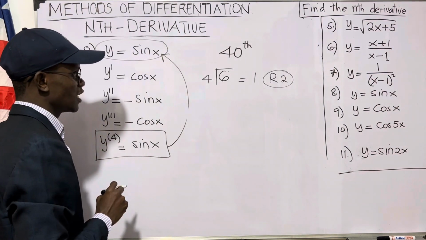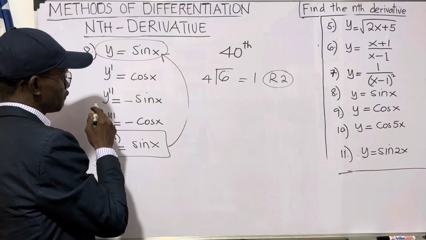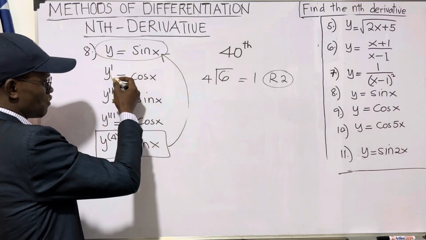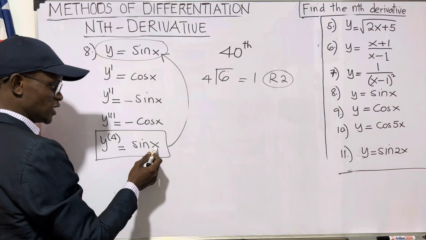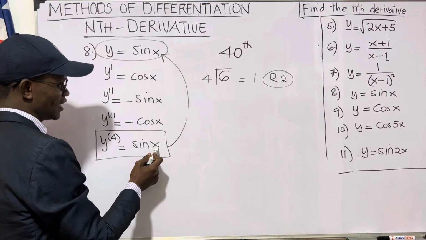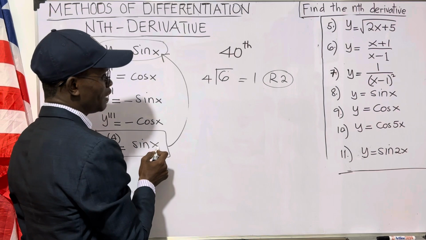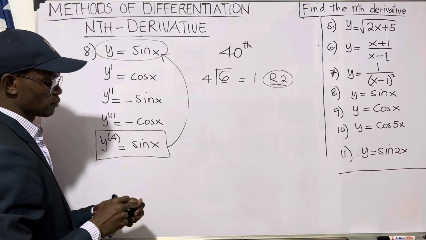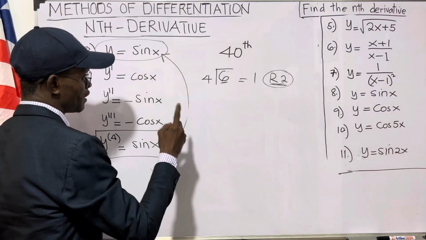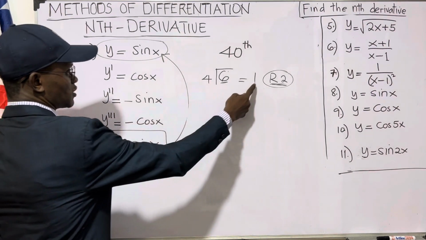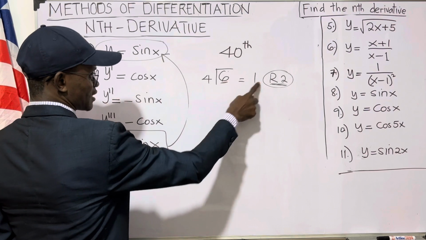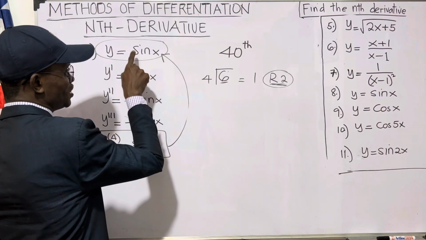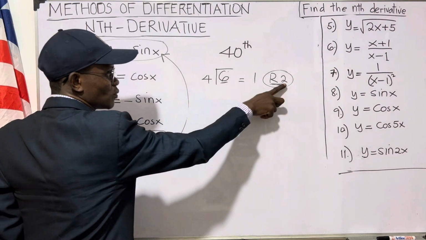This means we go around the cycle for the first time, finding the first, second, third, fourth derivative, and we go back to sine, and then we are left with 2 more derivatives to arrive at this 6th derivative.